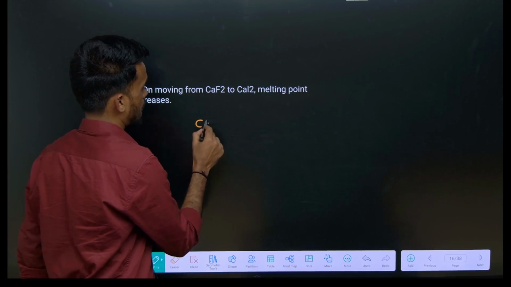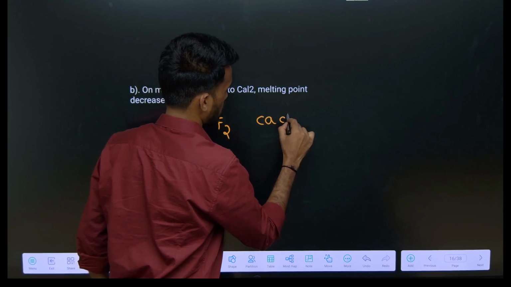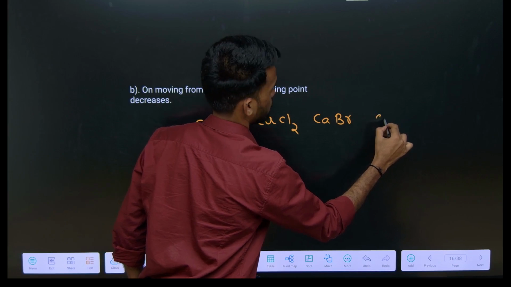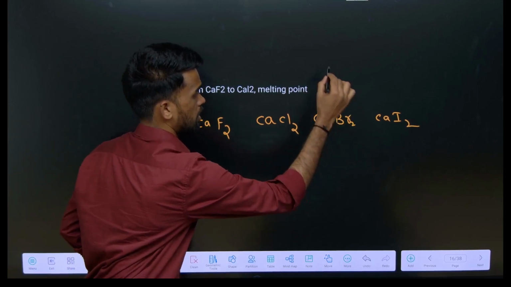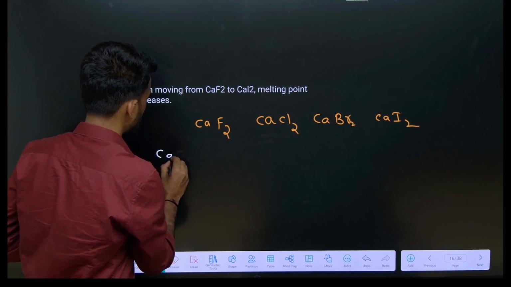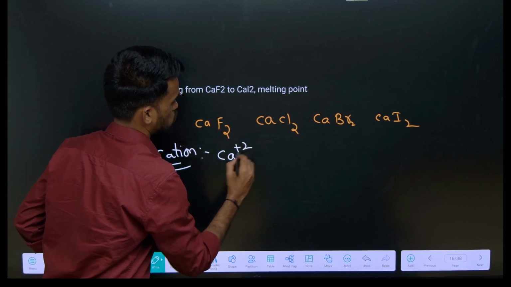Let us say we have calcium fluoride, calcium chloride, calcium bromide, and calcium iodide. These are the halides I am taking. In all these cases the cation is the same. What is the cation here? In all the cases the cation is calcium plus 2 only.